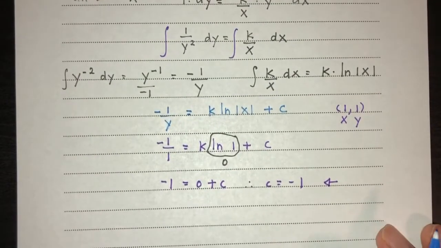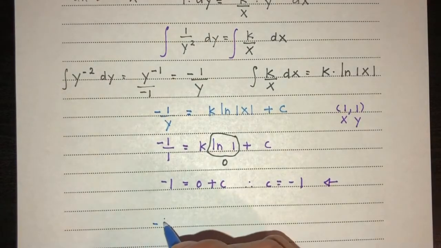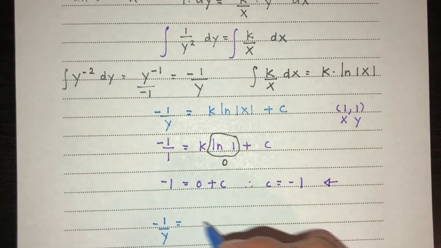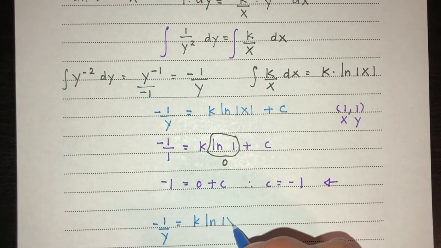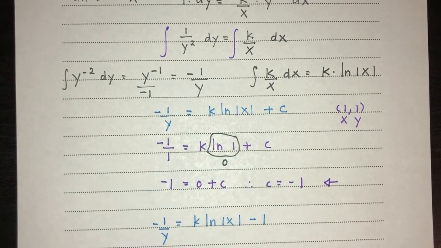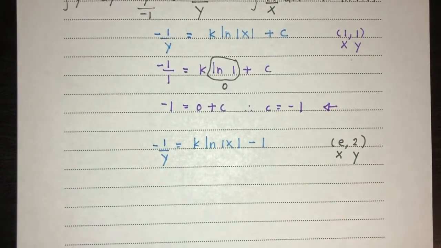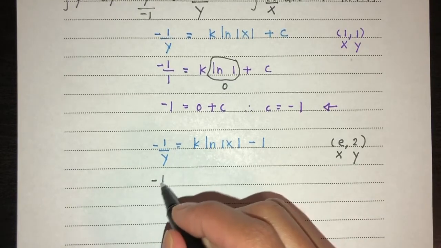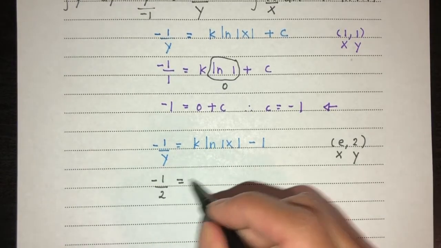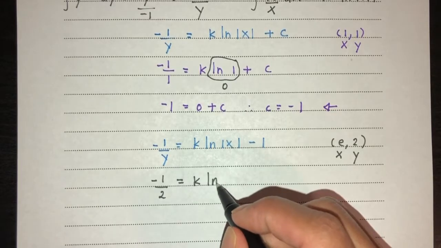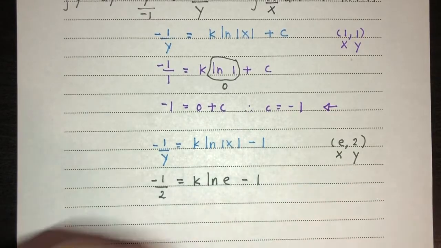Now moving on to the next one, we have to find the value of k. So here we have minus 1 over y is equal to k ln of x minus 1. To find the value of k, we have to use the other point, which is e, that is exponential, and 2. This is x and y. So replace back in the equation, y is 2, which is minus 1 over 2, equal to k ln of x, which is e, minus 1.